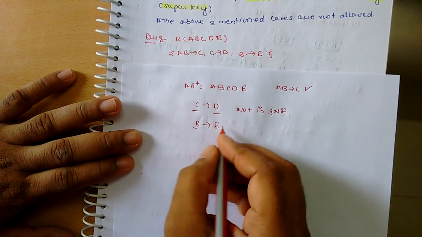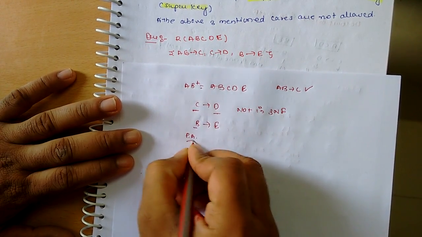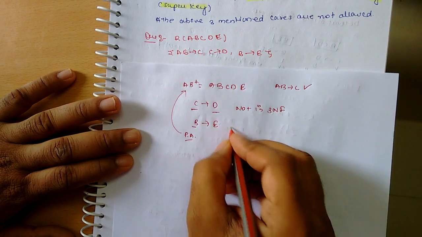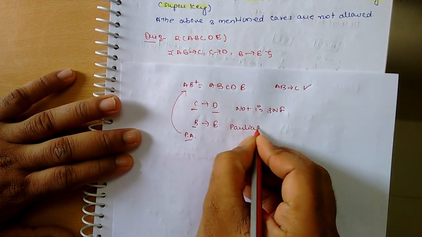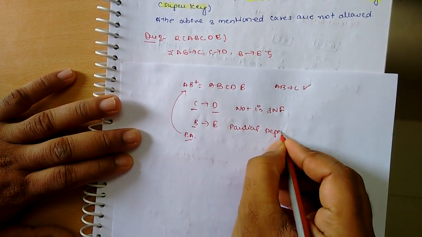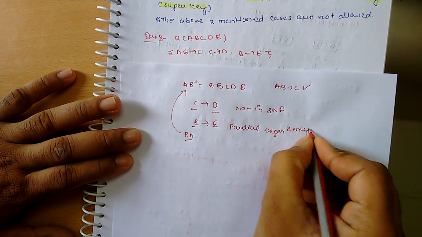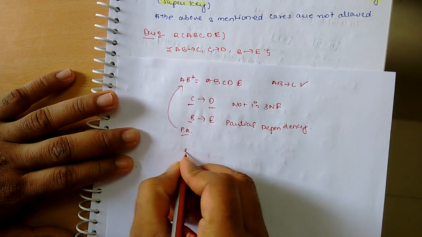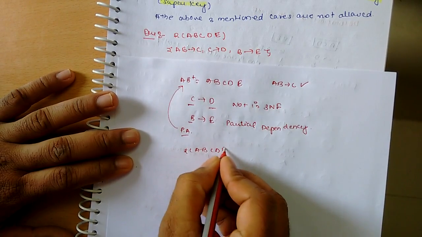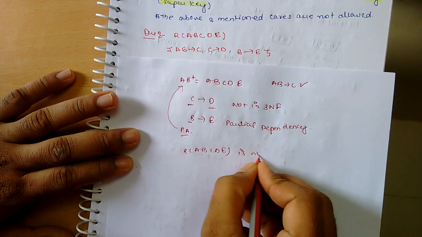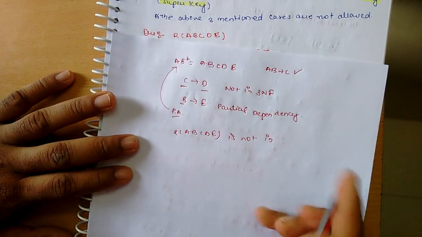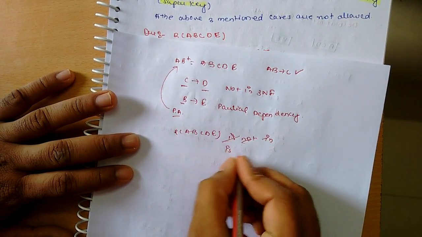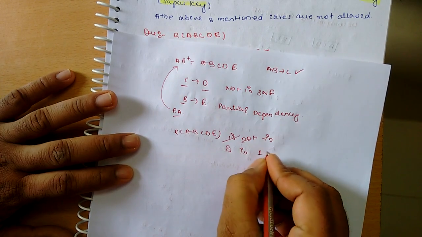We have another functional dependency here, D goes to E. We can see here that B is a prime attribute because B is a part of the candidate key. It means this is a partial dependency, so this relation is in first NF only.